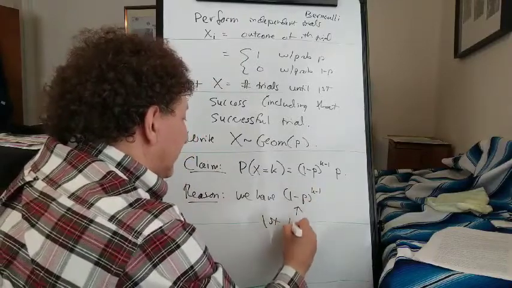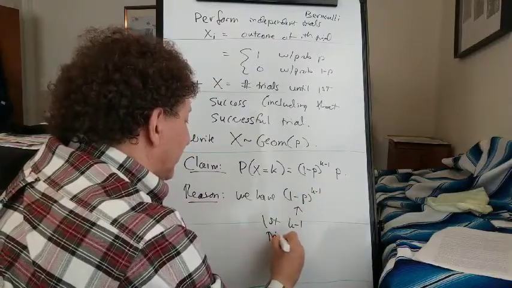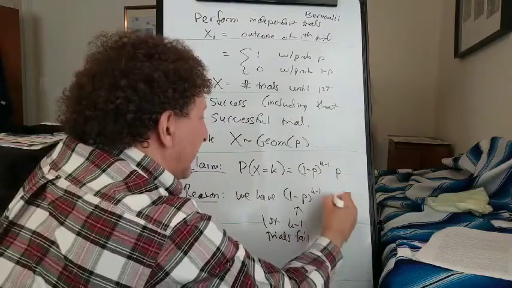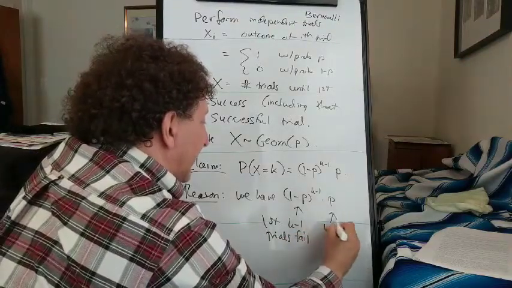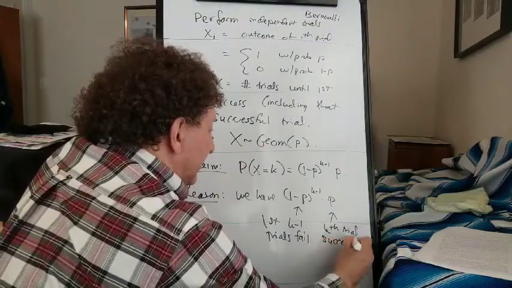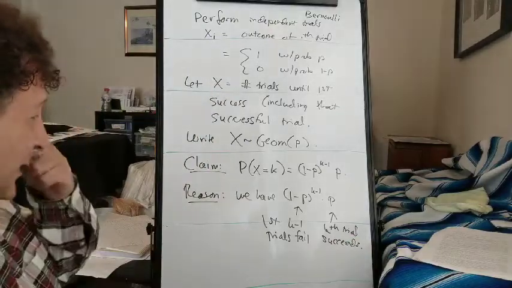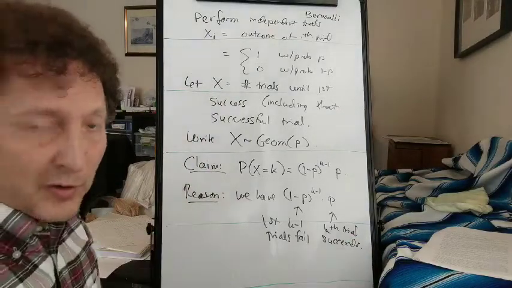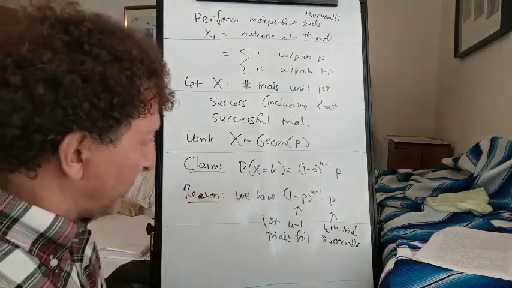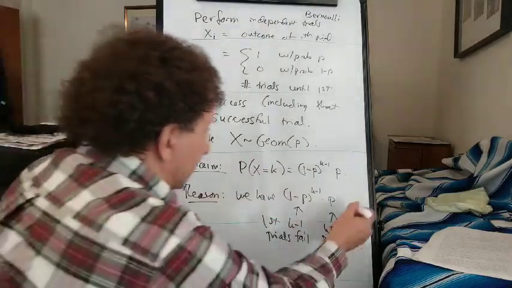So the first k minus 1 trials fail, and then p, the kth trial, succeeds. We don't need any n choose k because we know exactly the order these are going to happen in. All of the failures first, and then we stop after the first success.